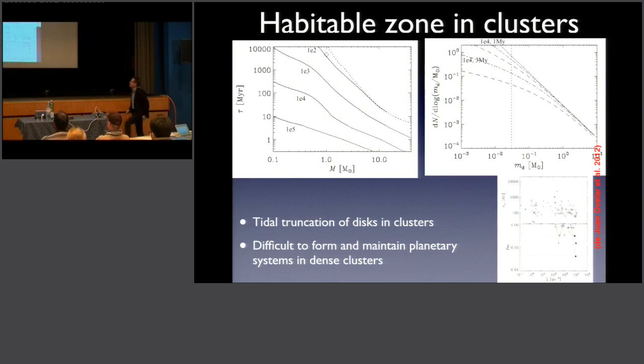So one thing that one may ask is, what's the survival time of the outer disk in a cluster environment? This has been looked at by many people. This is just an example, actually, for a star that resides in a cluster for a long time, so it's not the case of the sun.